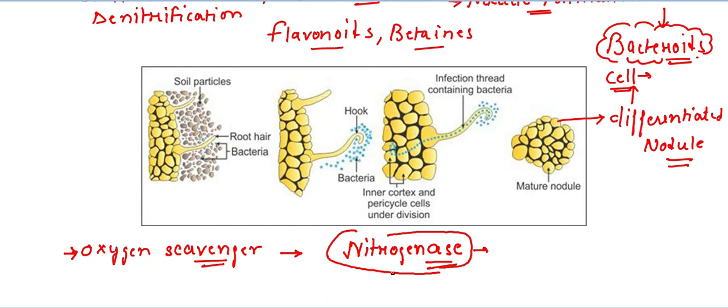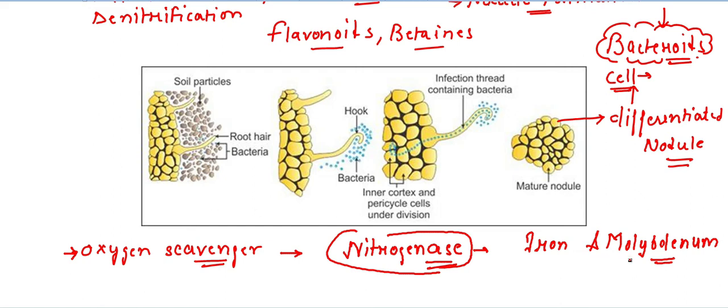So it is a very important pigment. And the enzyme nitrogenase contains iron and molybdenum. That is why it is called the iron and molybdenum protein.